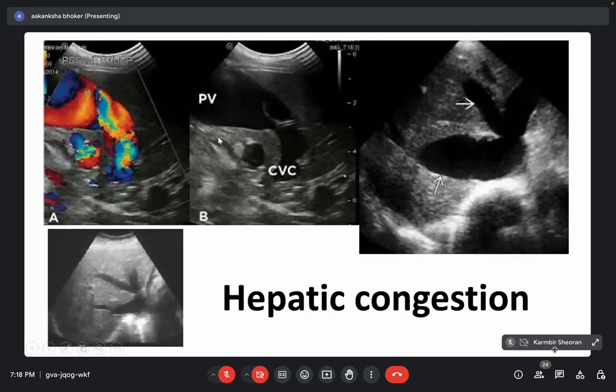So these are examples of hepatic congestion, and these are generally noticed along with right-sided heart failure. In that case, there is no proper venous blood supply, and then there is pooling of blood within these hepatic vessels. So hepatic congestion is generally associated with right-sided heart failure.